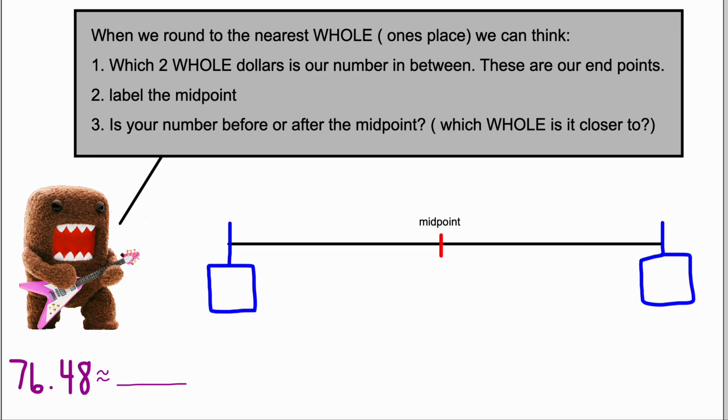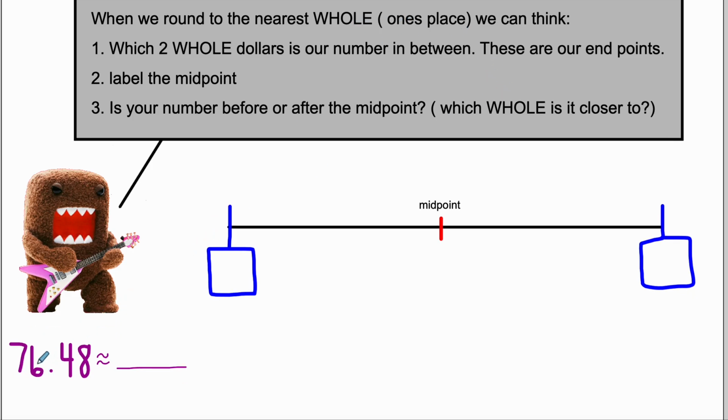Moving on. All right, a little bit more of a challenge. We're still going to be rounding to the nearest whole, the ones place, but now we have 76 and 48 hundredths, or $76.48. So I'm going to start underlining my biggest place value, but I'm going to stop in the place I'm rounding to. Oh, we're rounding to the ones place.